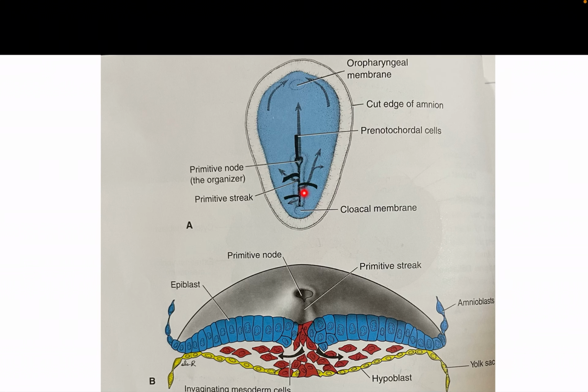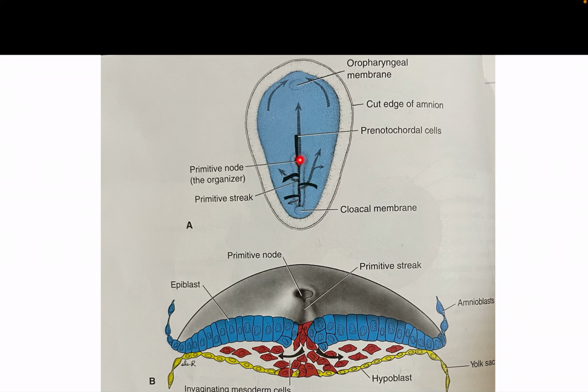They are derived from the primitive streak. The last quarter's A part gives the oogonia and spermatogonia, and the B part of this quarter gives the extraembryonic mesoderm, derived from the primitive streak.